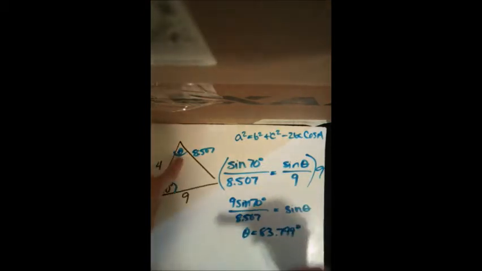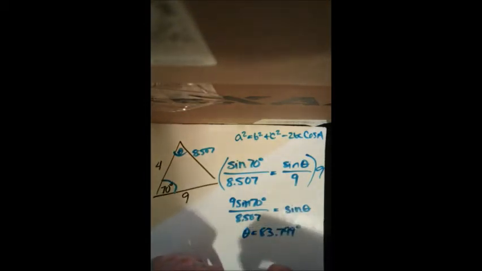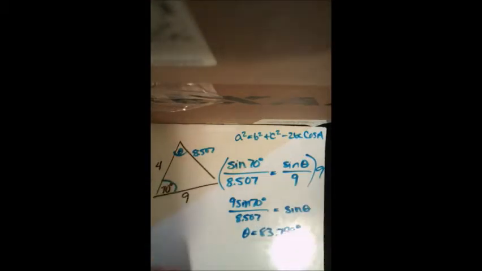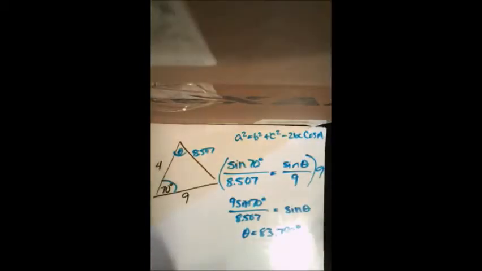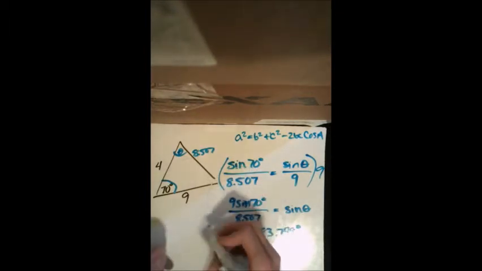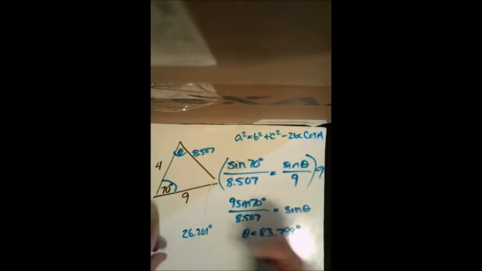And then once I know that angle, I can subtract that and the 70 degrees from 180 and find the missing angle that I don't know. So 180 minus that number minus 70 degrees leaves 26.201. So this other angle here would be 26.201 degrees.